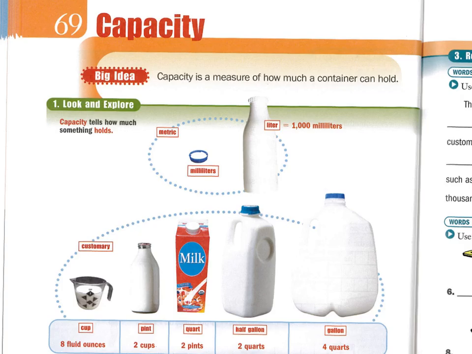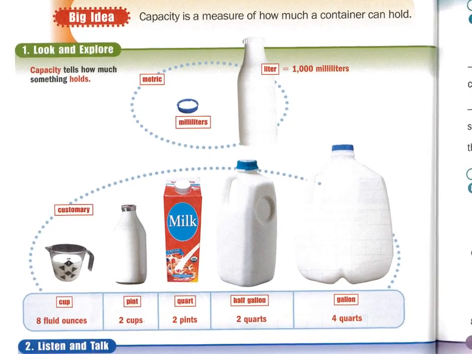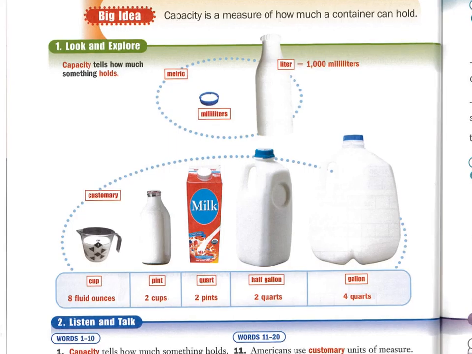The big idea: capacity is a measure of how much a container can hold. Say it with me. Capacity is a measure of how much a container can hold. Capacity. All right, so we have two systems of measurement again.